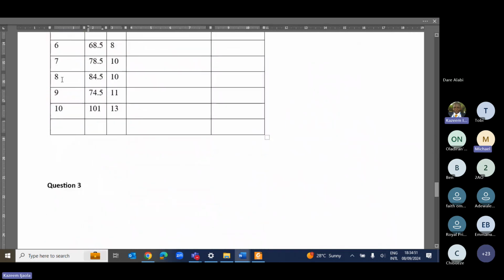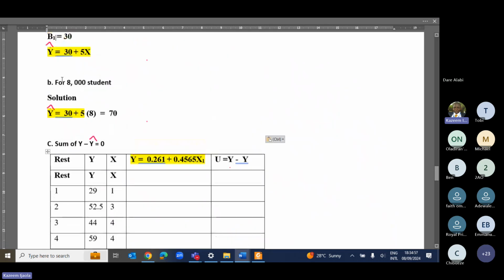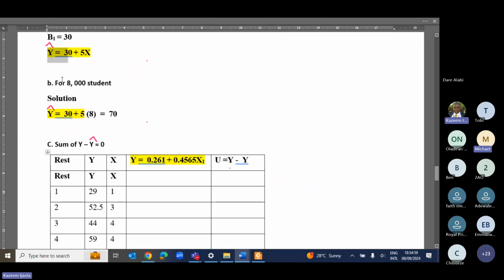So we will now bring our equation and determine the y cap. This is the equation. We need to determine y cap itself. So you bring the equation into your formula. What's going to be our y cap now?